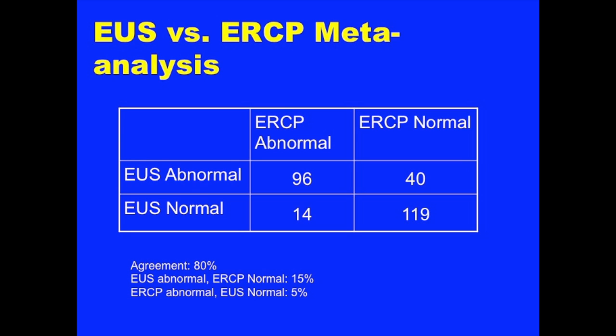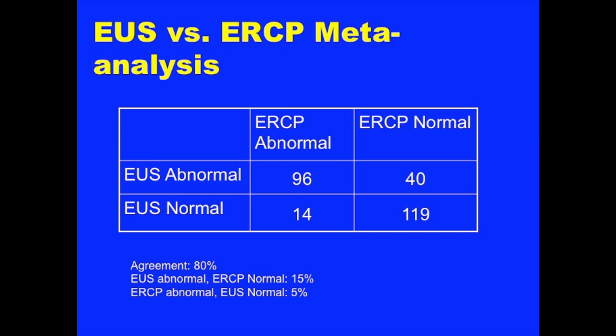Meta-analyses of EUS and ERCP have shown us that, of course, sometimes one is normal and the other one is not, or vice versa, but there is an agreement in about 80% of the cases. If we look at EUS versus function testing, I'm going to just abbreviate that because Dr. Stevens is going to talk about that in just a minute. But for many of the studies, the characteristics come out the same.